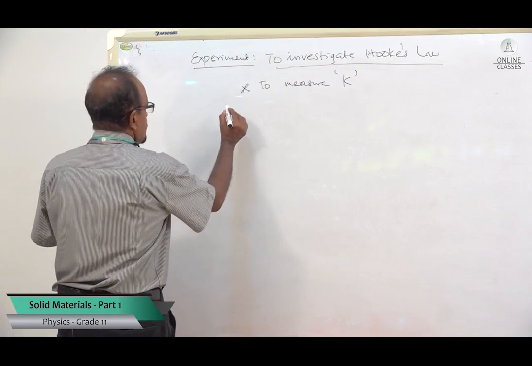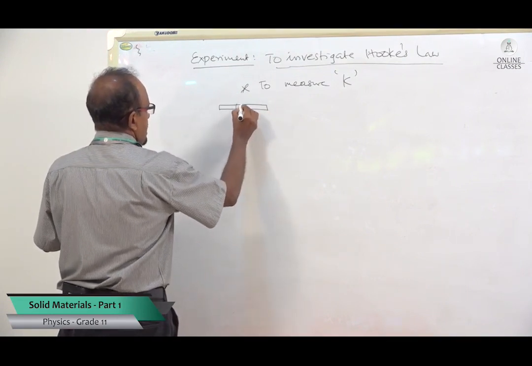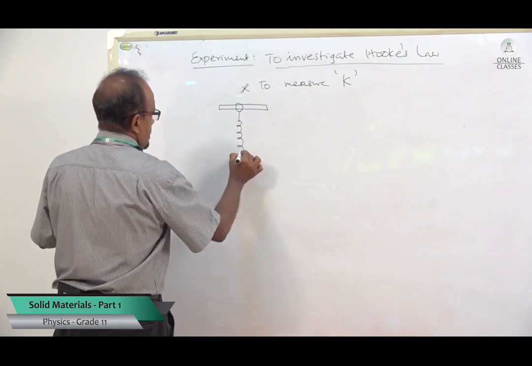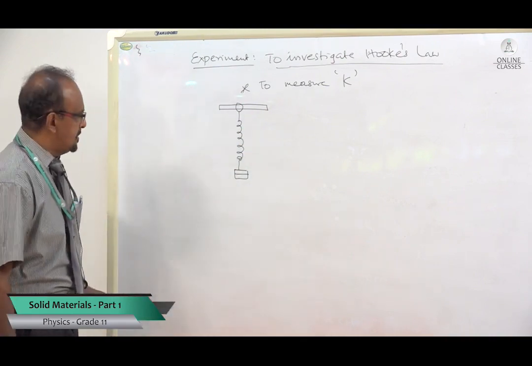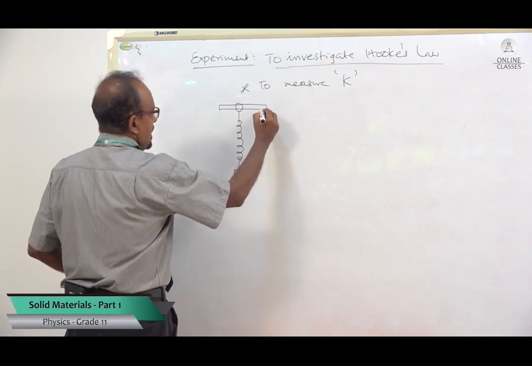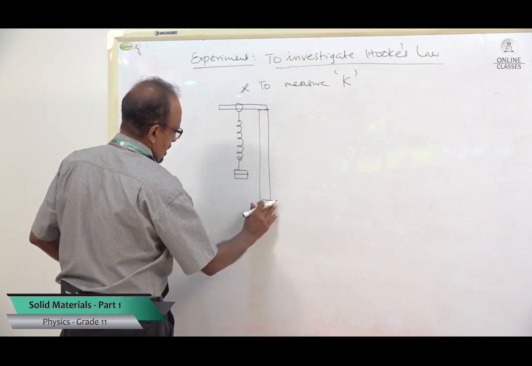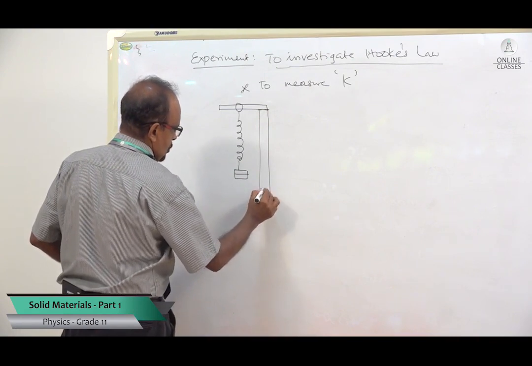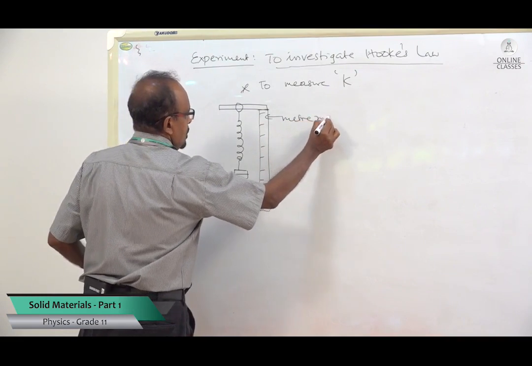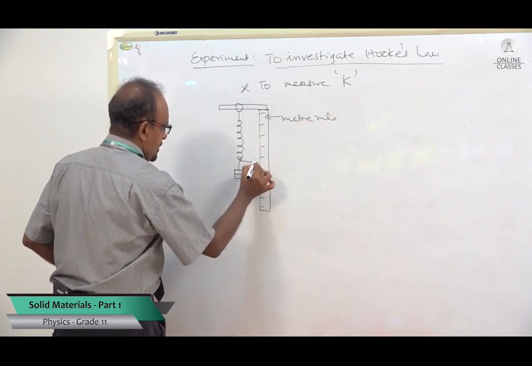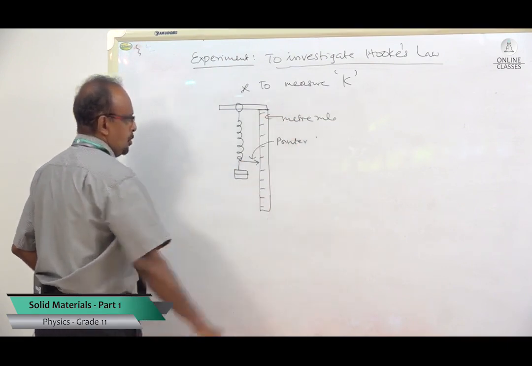So we can use this type of diagram. We can use a clamp stand with a spring, and then we can attach some slotted masses or weights, and near the spring we can keep a meter rule. This is the meter rule, and we can use a pointer, so we can easily note down the readings.